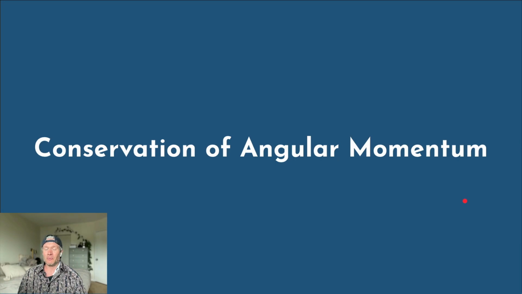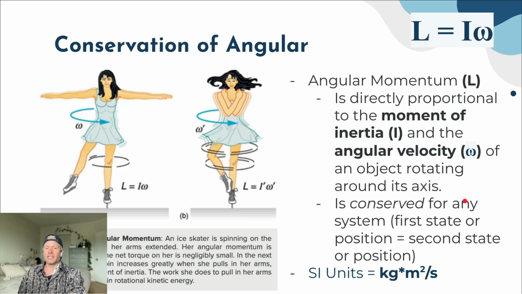And of importance, it also uses moment of inertia, so it builds on the concept that we just finished speaking about. When we're talking about angular momentum, it's important to note the conservation of angular momentum, because that arises a lot. Okay, let's dive into it with some examples and see how this goes.